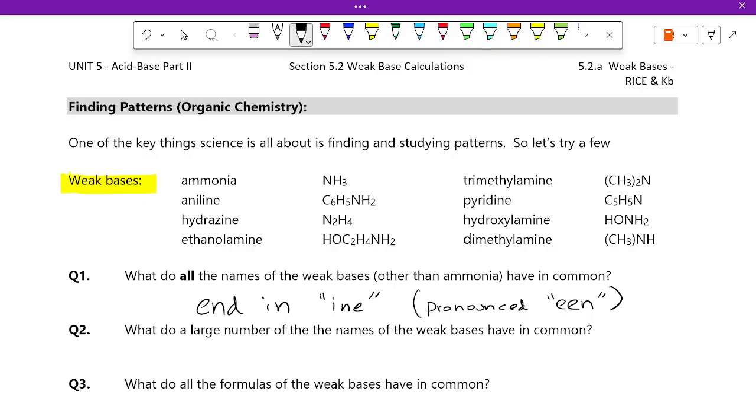What do a large number of the names have in common? They have dis and tris. What about their endings? Many of them end in amine. A lot of them end in amine. All of them, other than ammonia, end in INE.